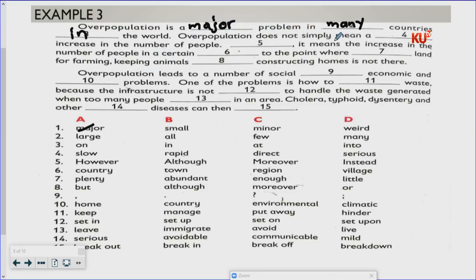Overpopulation does not simply mean a dash. A slow increase in the number of people, a rapid increase in the number of people, a direct increase, a serious increase. It is rapid. Does not mean a rapid increase in the number of people.